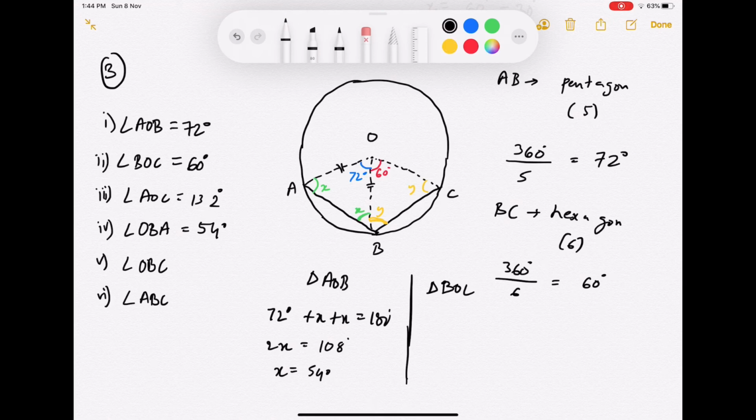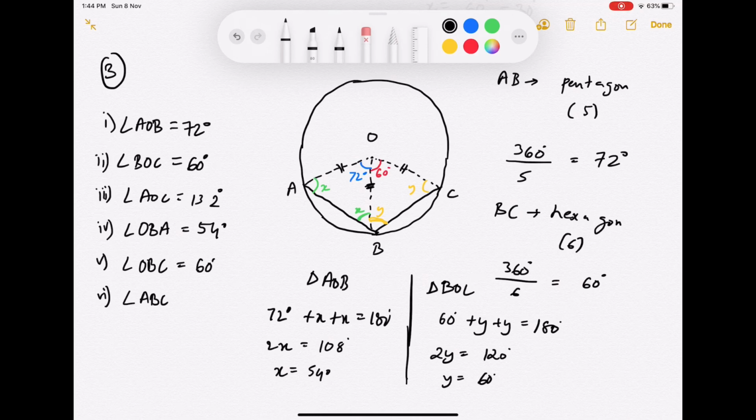The reason is OB and OC again are radii of the same circle, so it's an isosceles triangle. Angles opposite to the equal sides are equal. So again I can make an equation saying that in triangle BOC, 60 degrees plus 2y is equal to 180 degrees, the angle sum property of a triangle. So 2y is equal to 180 minus 60, which is 120. So y is 120 by 2, 60 degrees, which means angle OBC is equal to 60 degrees.